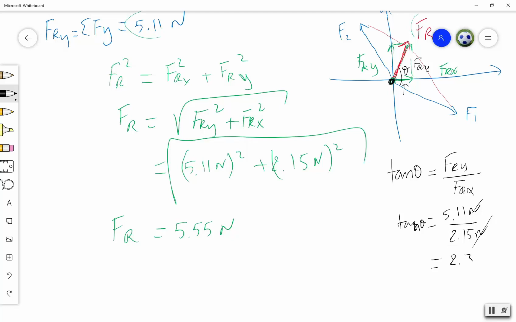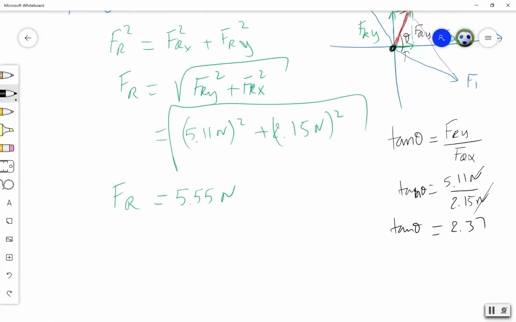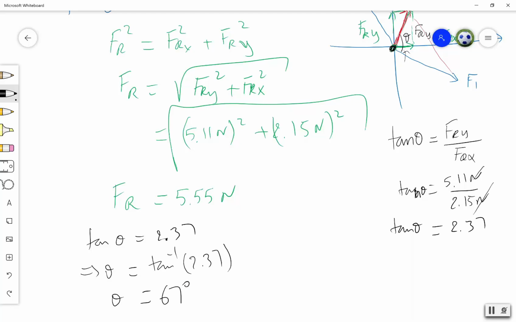And this gives me 2.37. So tangent theta equals 2.37, and then theta equals the inverse of tangent of 2.37, and theta equals 67 degrees.